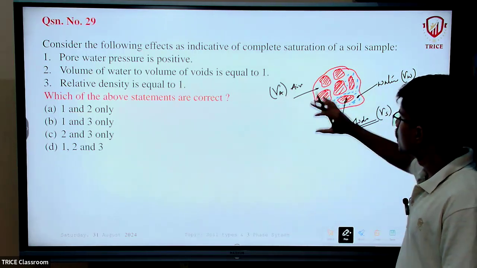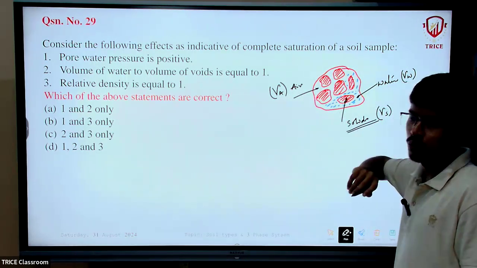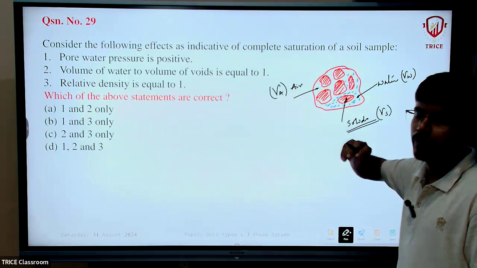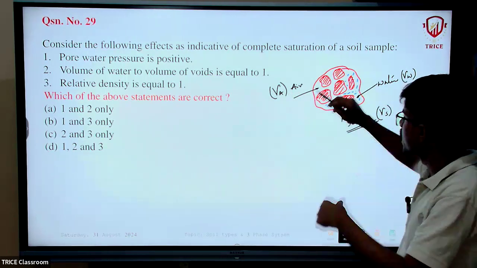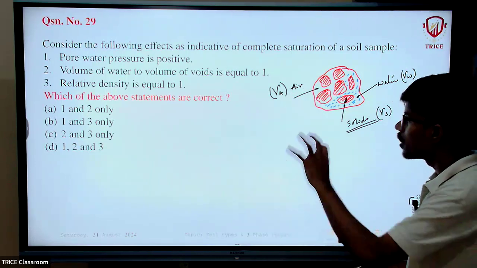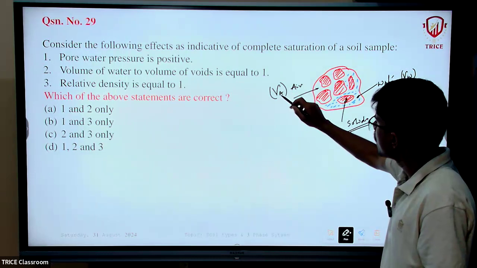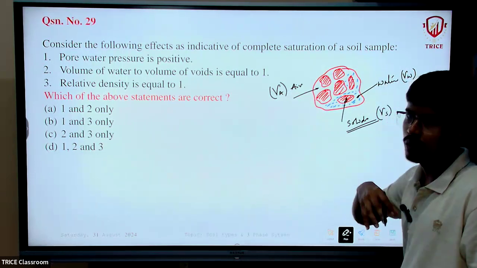During the rainy season, the entire voids are filled with water. During the summer season, the entire voids are filled with air. So only the voids are variable, and the combination of air plus water makes up the void spaces.